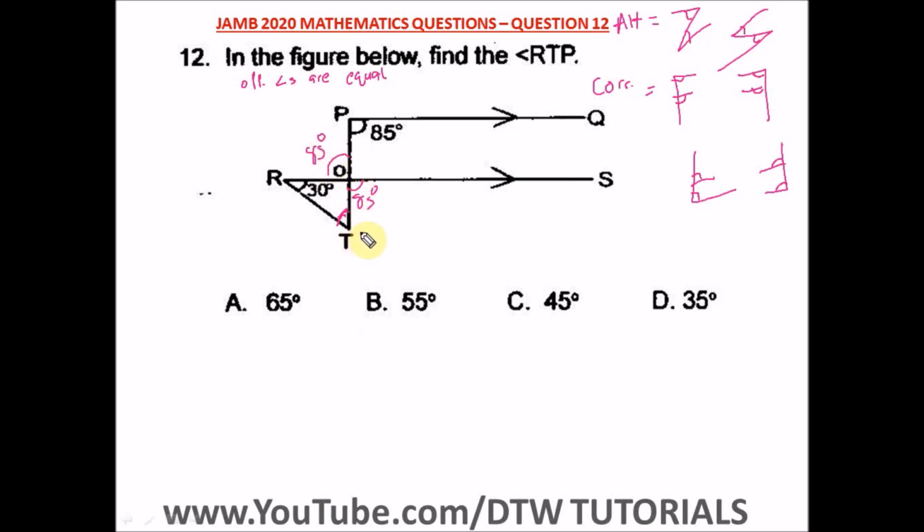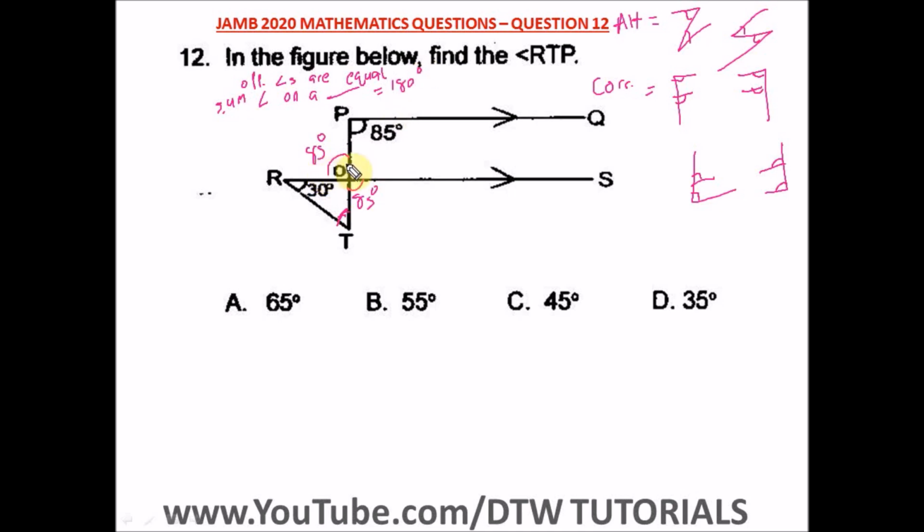You agree with me? So we have found the angles here, we have found the angles here. So we can find the angles here and the angles here. Now, to find the angle here, because this is a straight line, and the sum of angles on a straight line is equal to what? 180 degrees.